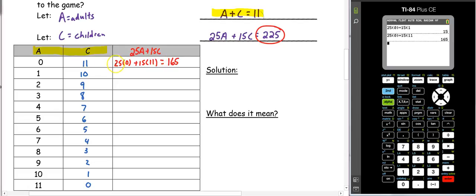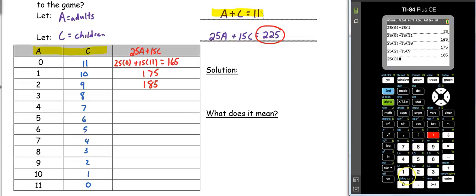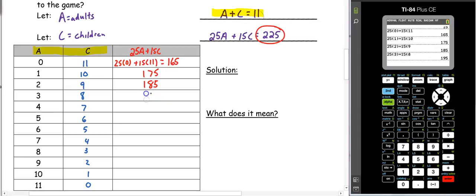And remember, we can keep writing the equation every time, or we can just plug it into our calculator. So we get 25 times 1 plus 15 times 10 is 175. 25 times 2 plus 15 times 9 is 185. 25 times 3 plus 15 times 8 is 195.